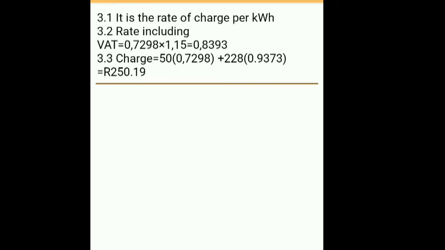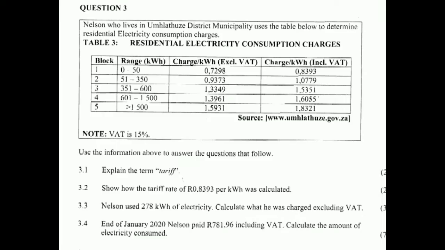So guys, in case you didn't understand, I'm going to repeat it again so that you understand very well. Even if the numbers change, you should understand. Charge equals 50. These are the 50 kilowatts we got on block 1.